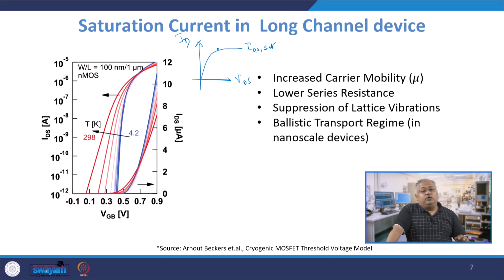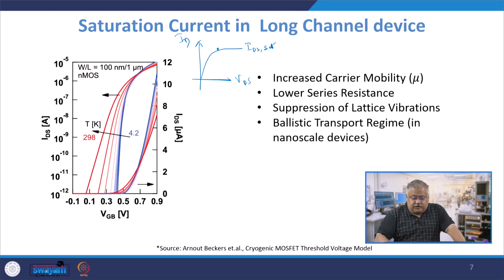Moreover, at reduced temperature, since the scattering is small, you will always have a lower series resistance. Similarly, since the thermal energy is small, your lattice vibrations are relatively small. Further, if you go on reducing the channel length of the device to say nanometer or even below nanometer, I might get a ballistic transport region. What is ballistic transport?